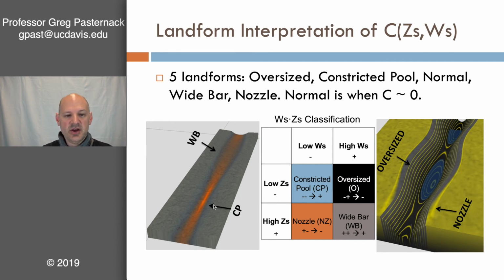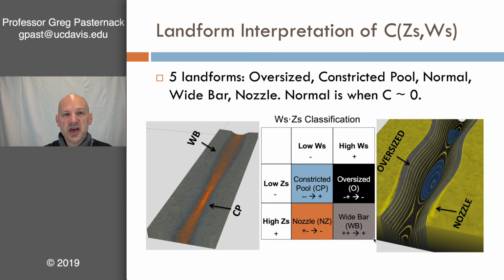Now let's come over here. If we're wide and shallow, so that's a big width and a big bed elevation. And shallow we think of as small depth, but here we're in terms of bed elevation. A high bed elevation, high width, positive, positive, that's going to make a wide bar. And then constricted pool, we have a low bed elevation and a low width, negative, negative. When you multiply those two numbers together, they too are positive.